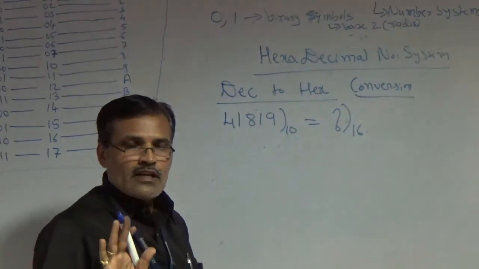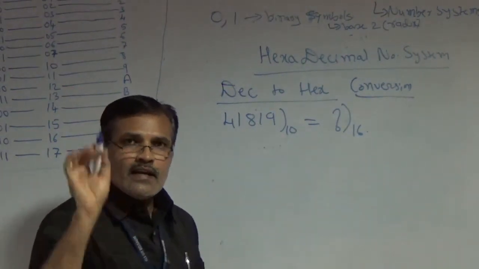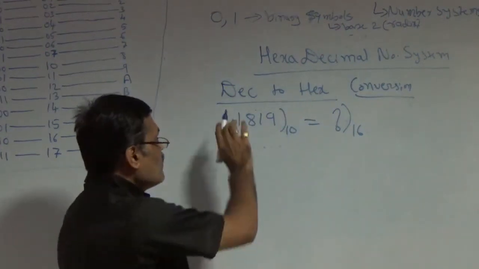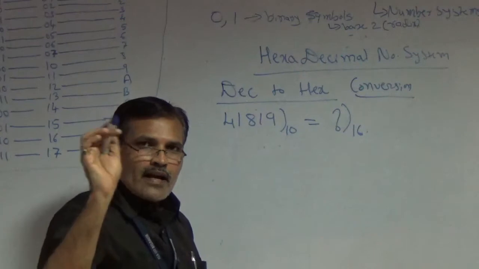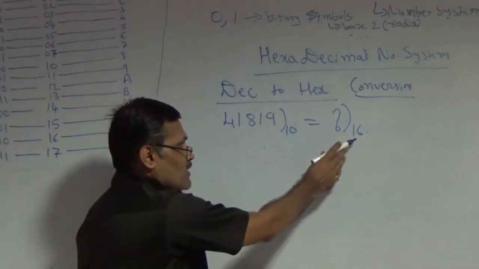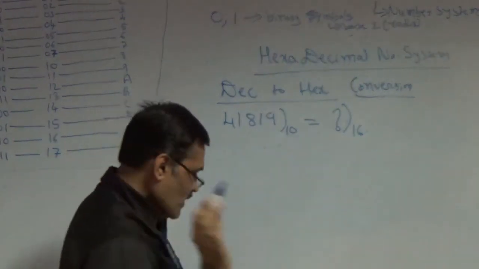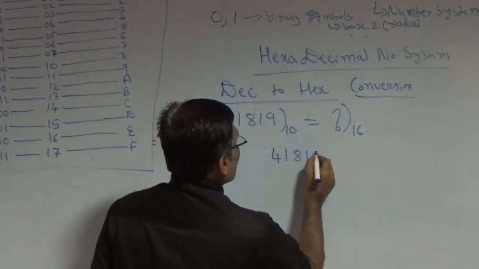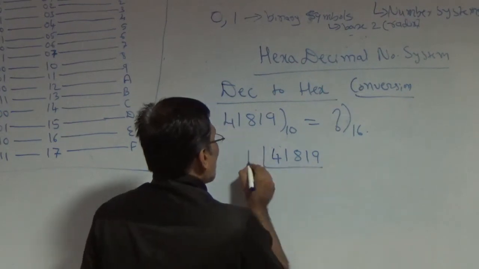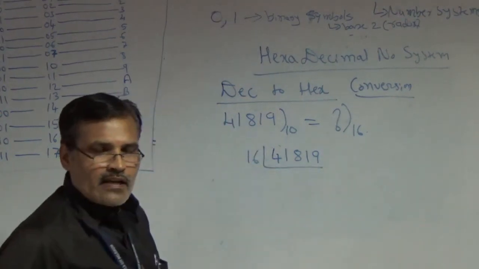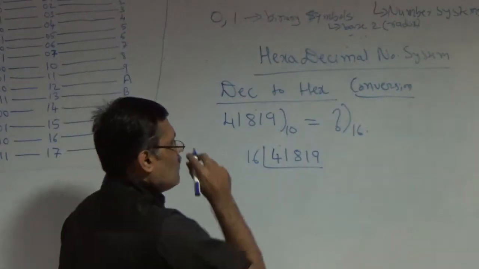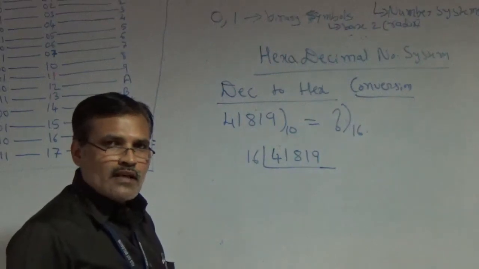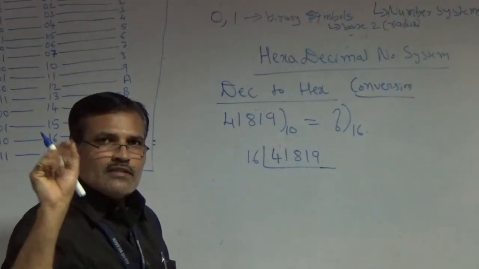The same procedure is used, only the radix changes. In decimal to binary we considered 2, in decimal to octal we considered radix 8, and in hex we need to consider radix 16. So write down the given decimal number and go on dividing it by radix 16, keeping track of the remainders generated until the quotient becomes 0.